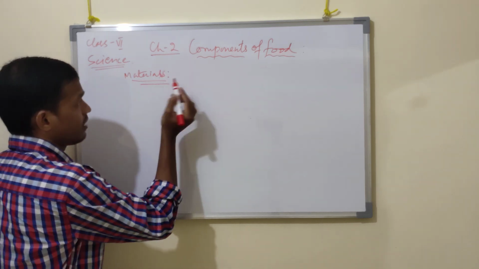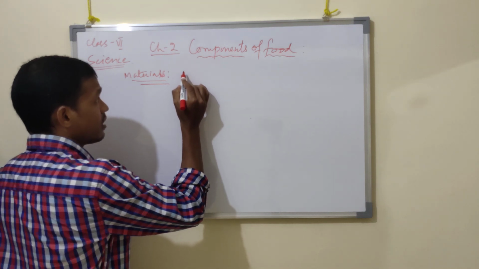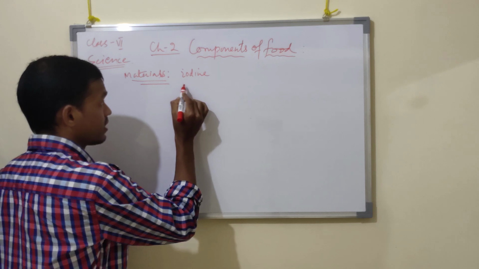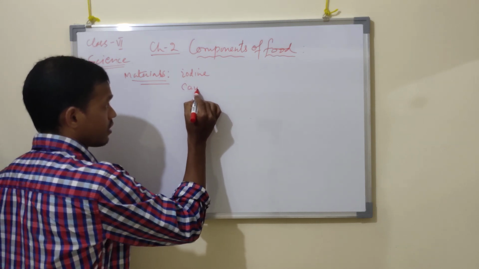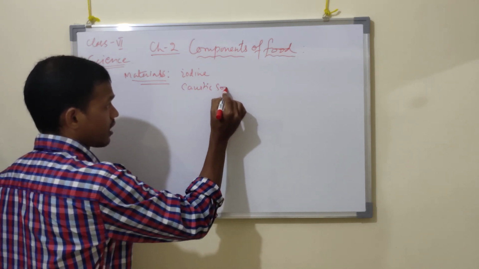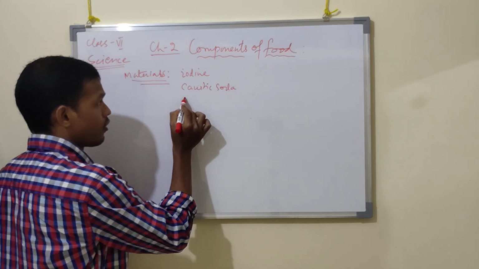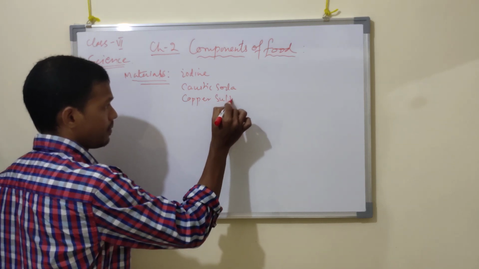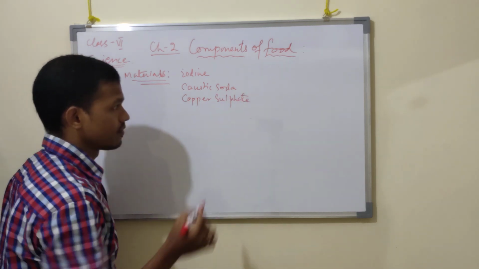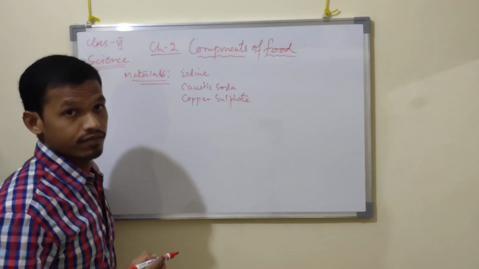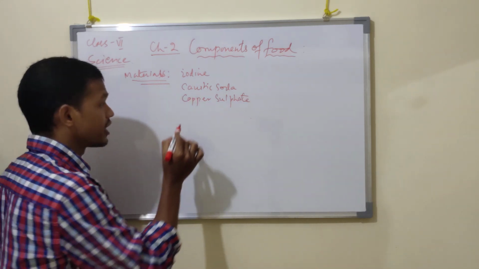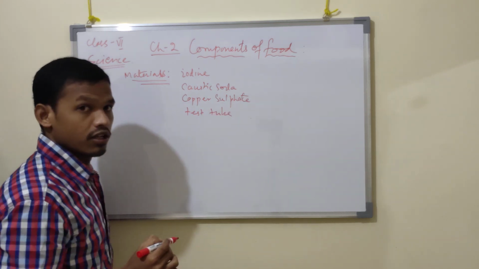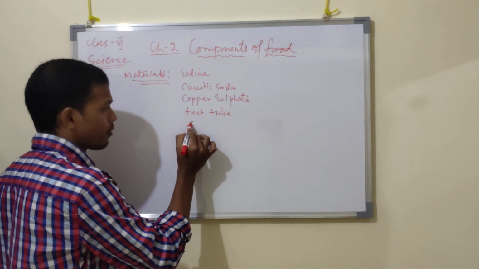What are the materials required? First one is iodine. The next one is caustic soda. The third one is copper sulfate. Then we also require a test tube and a dropper.